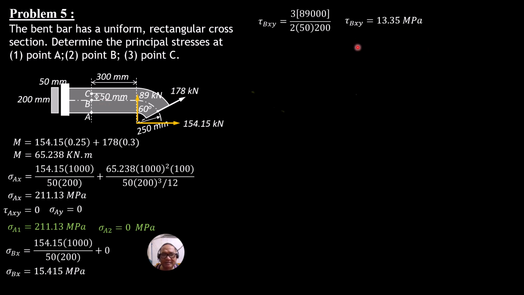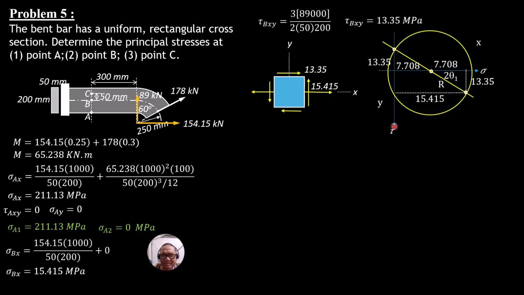Along y, it's 0. If we consider the element, on the x face we have 15.415 megapascals, and shear stress is 13.35 megapascals. It is counterclockwise, so this is treated as positive. We now transfer this to the Mohr circle. Half of 15.415 is 7.708.